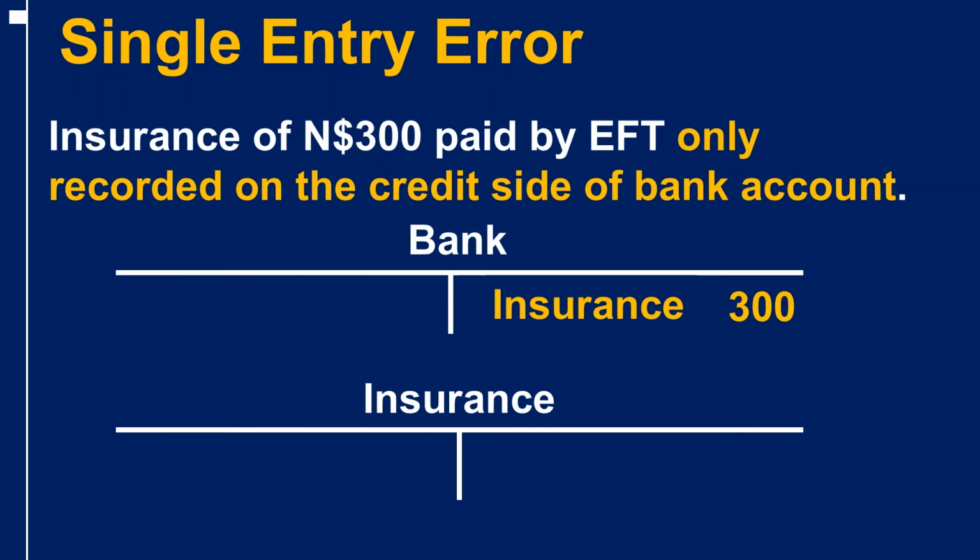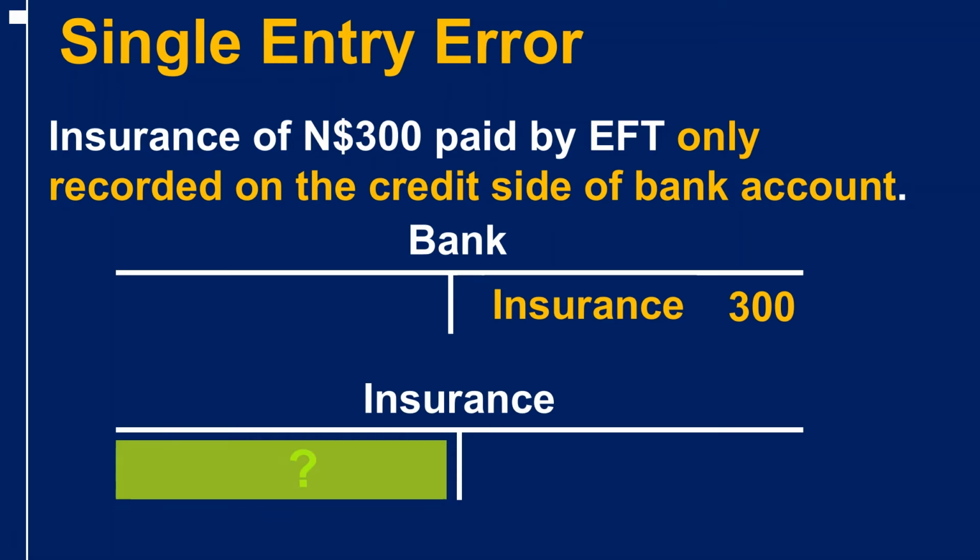For example, insurance of 300 Namibian dollars paid by EFT was only recorded on the credit side of the bank account. This error will have an effect on the trial balance. The debit entry was not made in the insurance account.